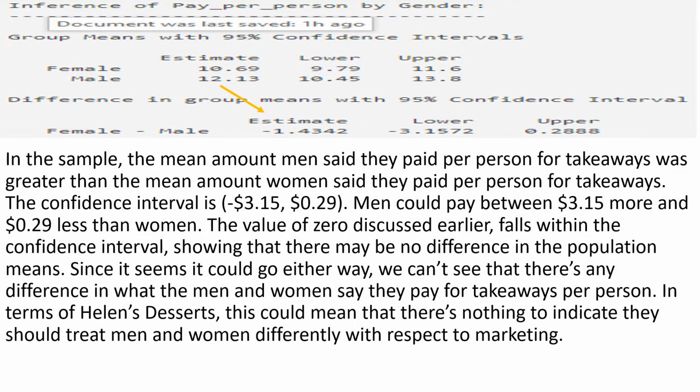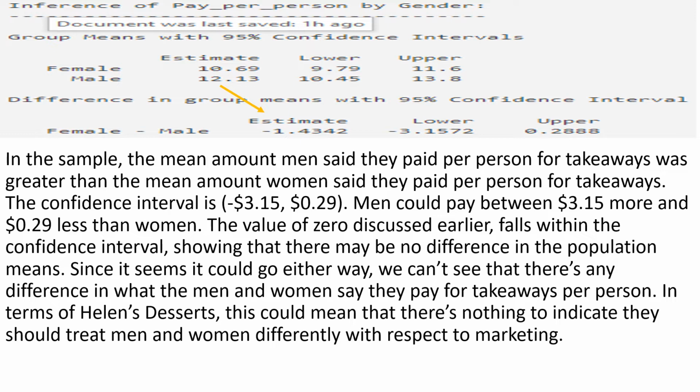So what you see here, and this is what made it really tricky, the value of 0 discussed earlier falls within the confidence interval. So if you look at the bottom range, you will see the lower confidence interval, the lower range is minus 3.15 and the upper is 0.29 or 0.2888, whatever.